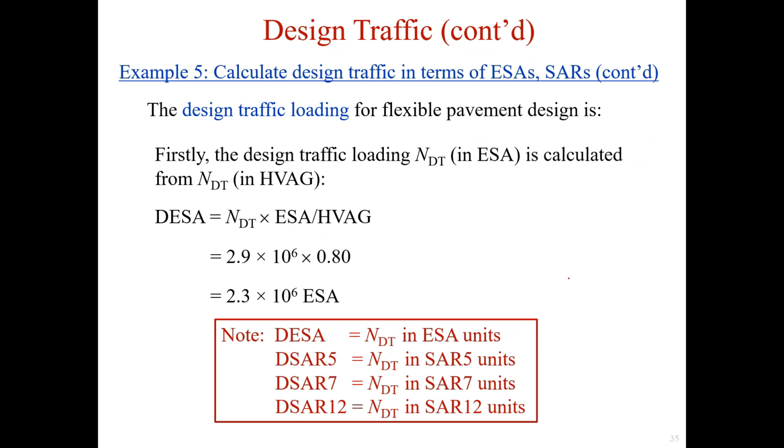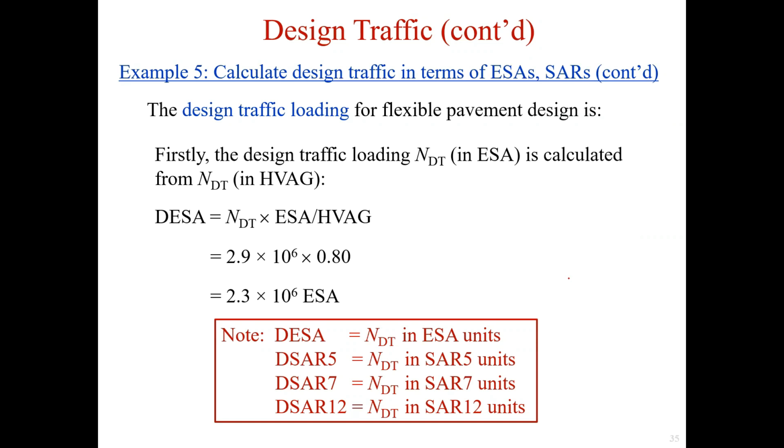The design traffic loading is normally expressed in ESAs or SARs. So if we know the design traffic loading NDT in HVAG and the damage index for flexible pavement, then the design traffic loading in ESA could be calculated as DESA equals NDT times ESA over HVAG, equals 2.9 times 10 to the power of 6 times 0.8, and we get a value of 2.3 times 10 to the power of 6 ESA.